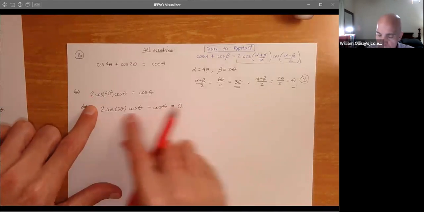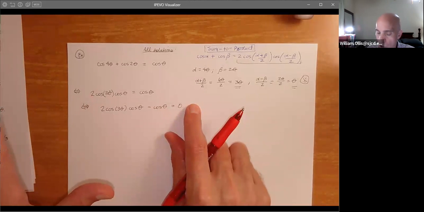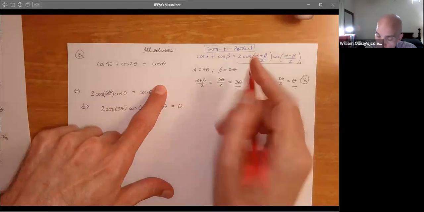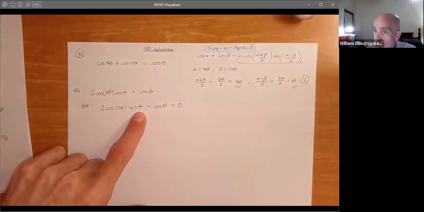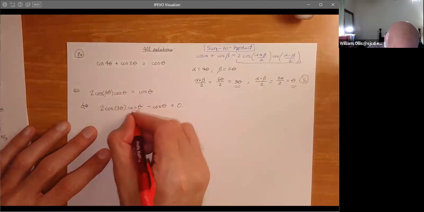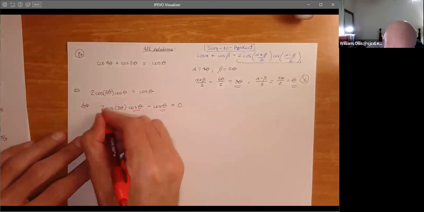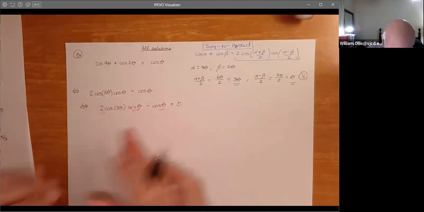So this now takes us to an equation that we have knowledge to solve. Notice we had to use the sum to product to make it a little bit more manageable. So what I was going to do is underline these. So we're going to factor, and also the 2 here, so we can get a nice equation.